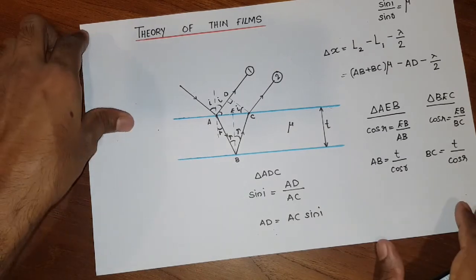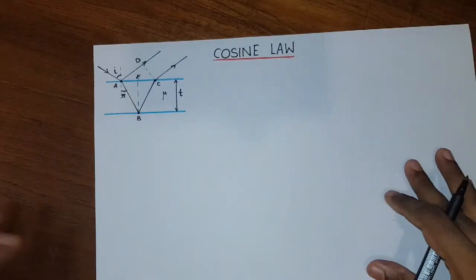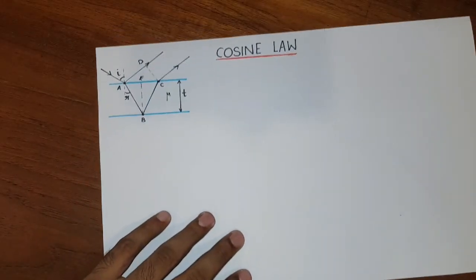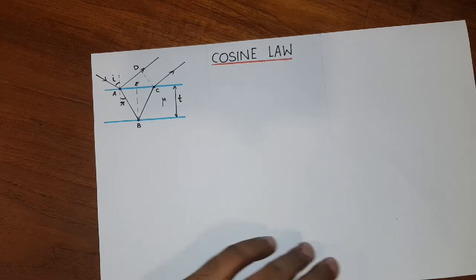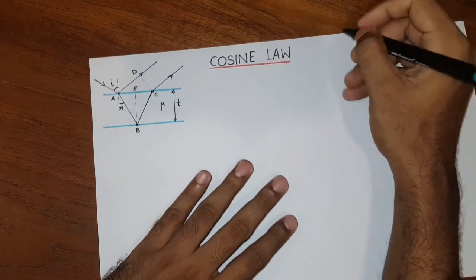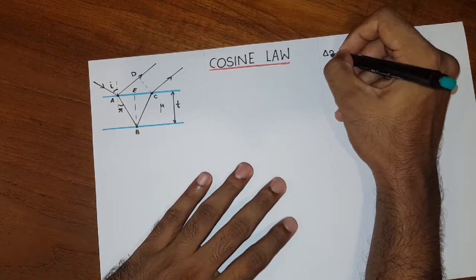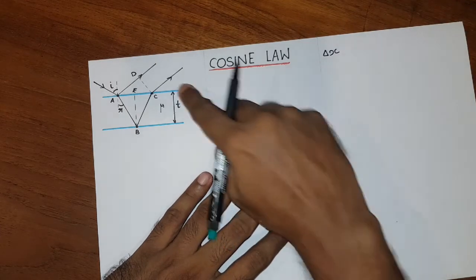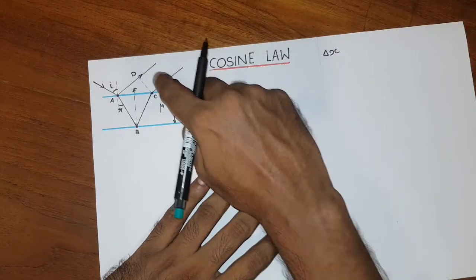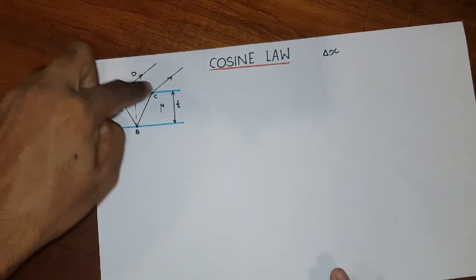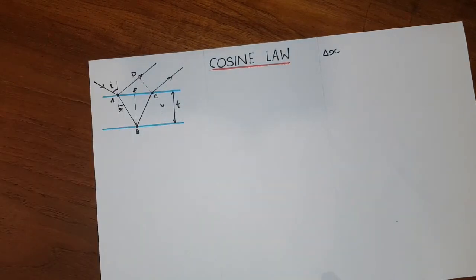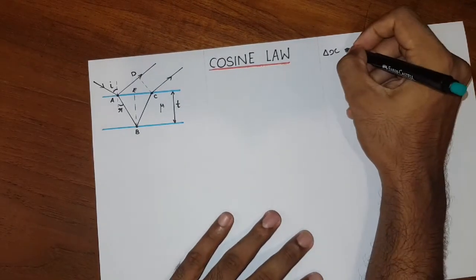So keeping these things, let me take a fresh page. The same figure I have over here. So with the relations just derived, let's again go back to the path difference. Why are we finding the path difference? We are finding the path difference between these waves, so we can predict whether they will interfere constructively or destructively. So what was the path difference?